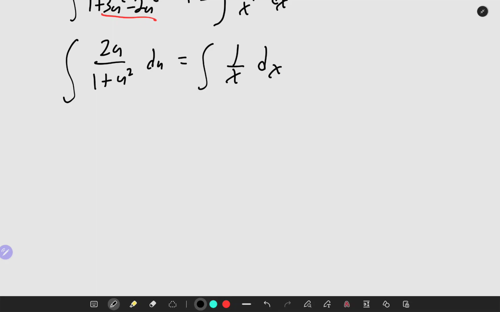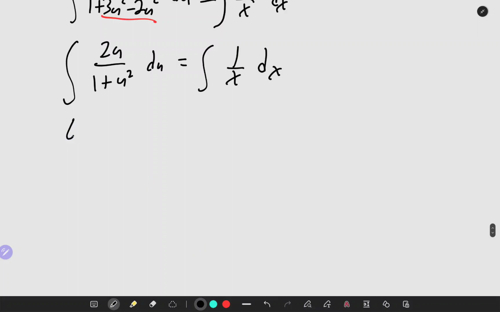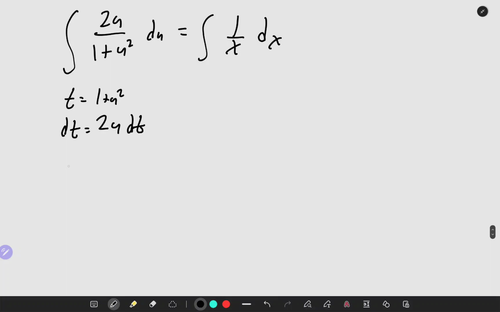We'll do a t sub, since we already used u. We can have t equal to 1 plus u squared. dt would be equal to 2u du. So then that will leave us with the integral, the two u's will cancel, 1 over t dt is equal to 1 over x dx.